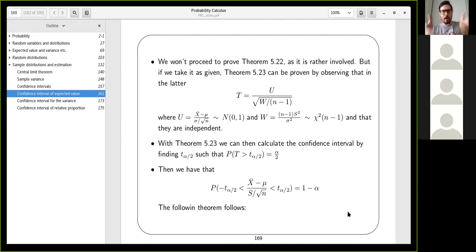So we understand that we are introducing a little bit more randomness, because instead of knowing the actual variance, we are using a random variable, which is the sample variance. And if you understand that, then you will be able to understand why this formula, even though it looks pretty much the same, is somewhat different, and why you are using a different table, a different distribution: not the normal distribution, but the t distribution.